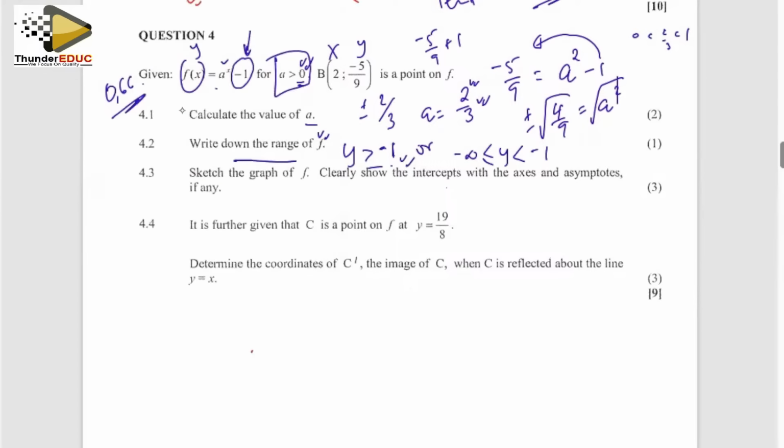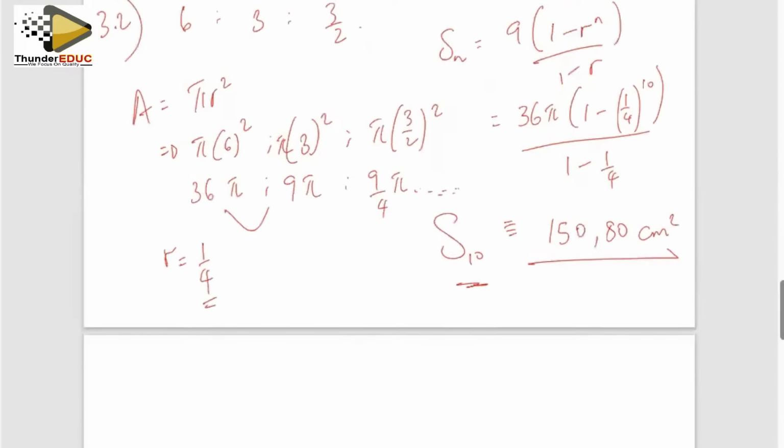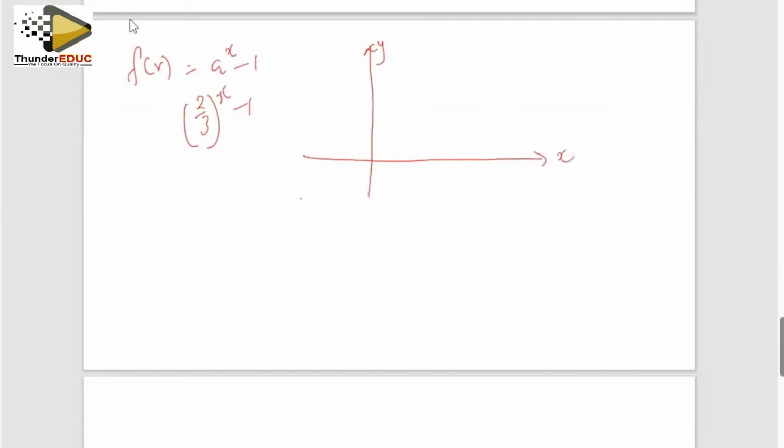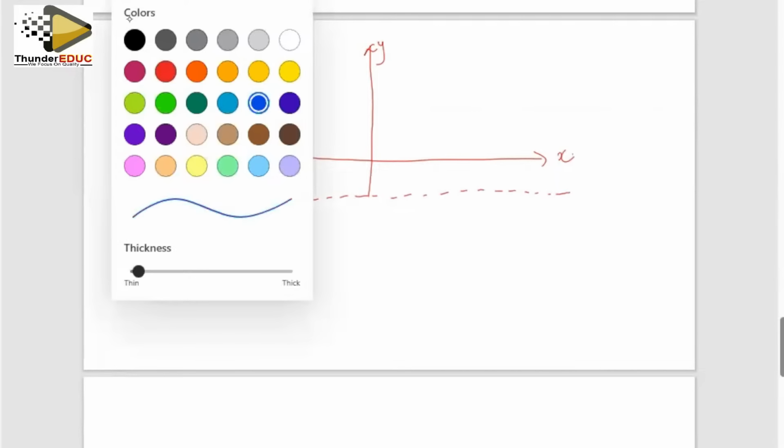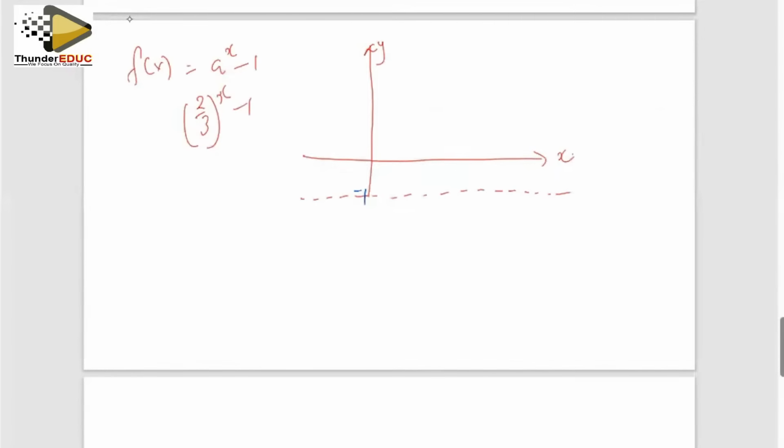All right, then 4.3, they want us to sketch clearly. So let me clearly sketch it this side. f of x is a to the x minus 1. Remember, I said a is 2 over 3, so 2 over 3 to the x minus 1. Since it's a sketch, have your y and then have your x. They told us the asymptote is negative 1, so just indicate that.